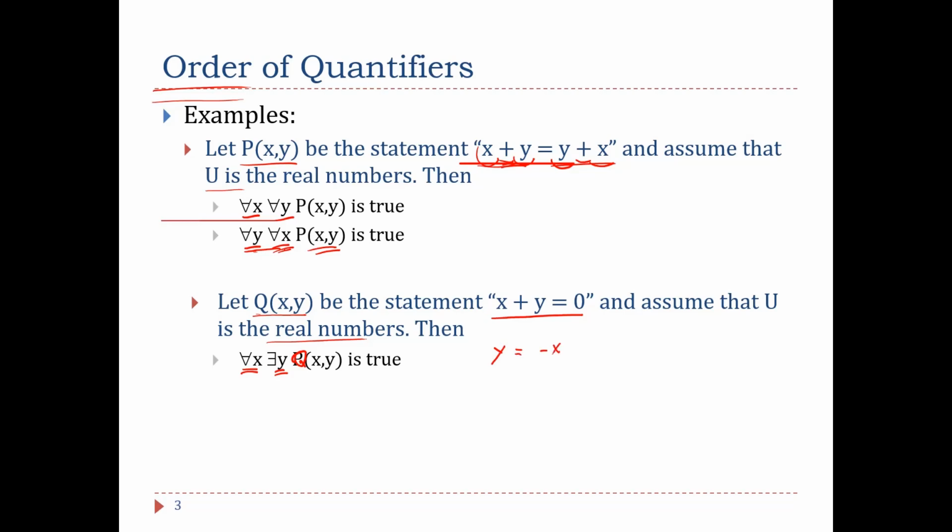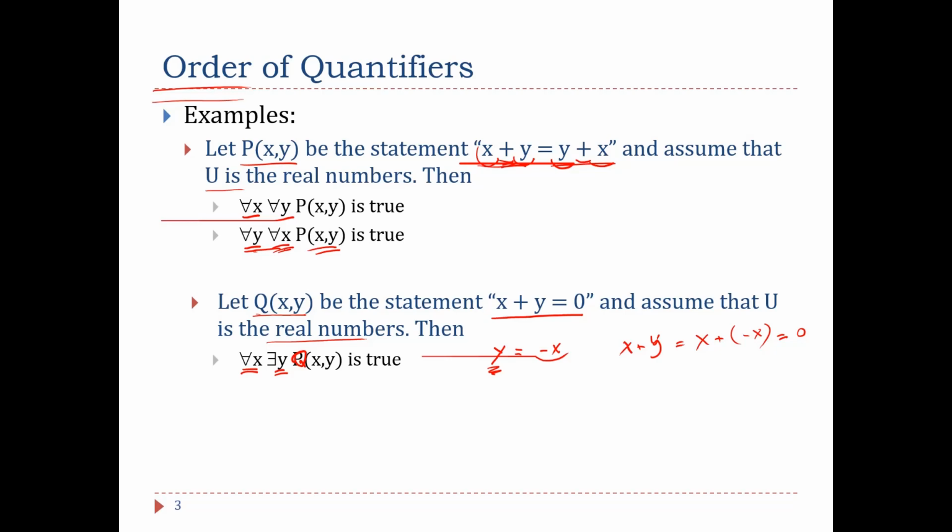Okay, so it's sufficient to consider y to be equal to minus x. In this case, x plus y would be equal to x plus minus x, and by definition, the additive inverse, when added to the original element, would yield 0. So we can clearly say this about Q of x and y.